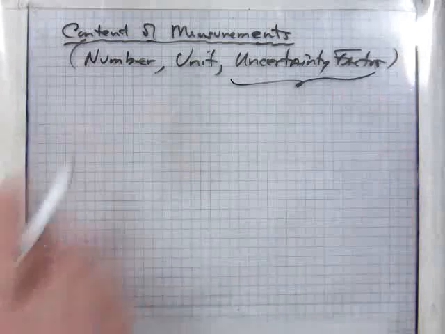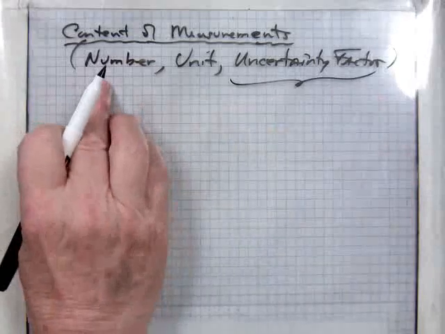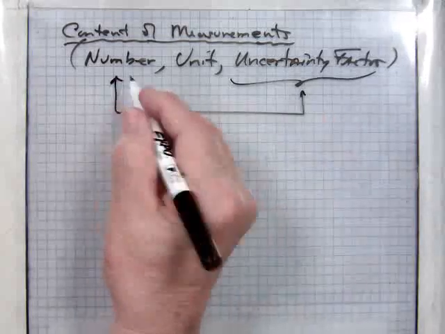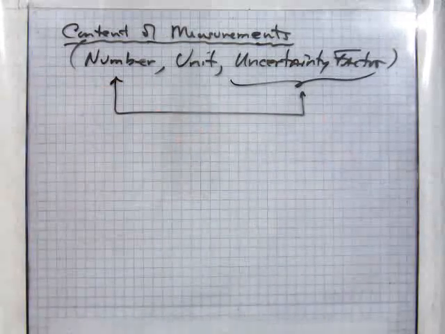Now, in working with this number issue, both of these go together because you have variations in numbers because of experimental equipment.